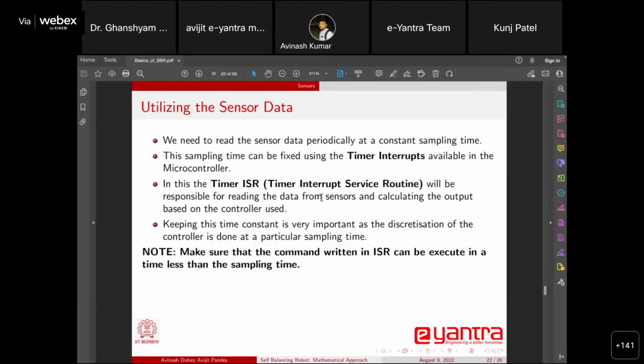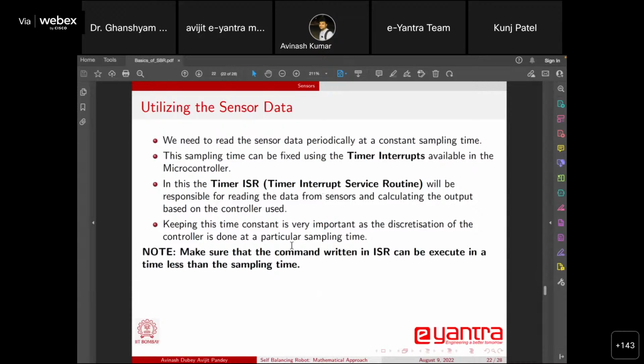Based on this counting behavior, if I want a 10 millisecond service routine, I need the microcontroller to count from 0 to 9, that is 10 milliseconds, and do some action. After that action, it again counts from 0 to 9 and does the same action. That is done using a timer interrupt service routine.